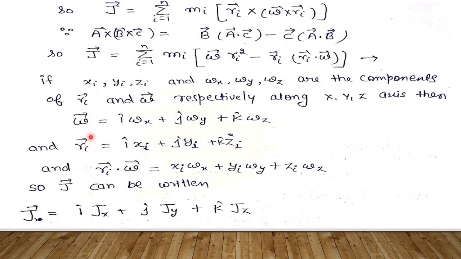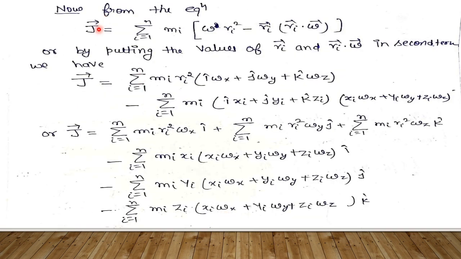By these values we can write r_i dot omega, because we have r_i dot omega in this equation, as x_i omega_x plus y_i omega_y plus z_i omega_z. And in component form we can write J as i cap J_x plus j cap J_y plus k cap J_z. Okay, it is clear.